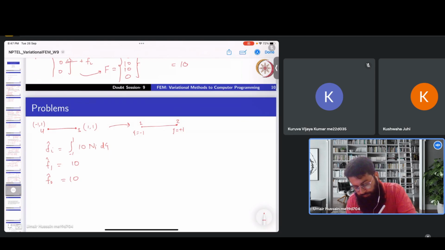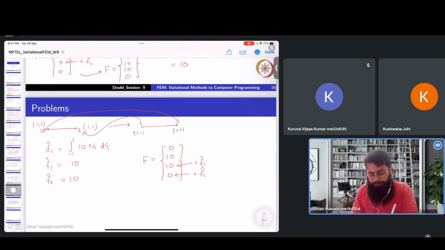Now the local node 1 for this element is 3 and local node 2 is 4. So in our F vector that we had before, 0, 10, 10, 0, F1 would be added at 3 and F2 cap is added at 4.